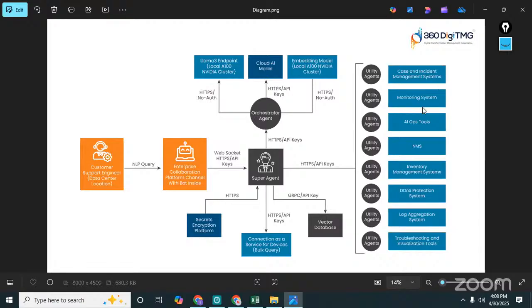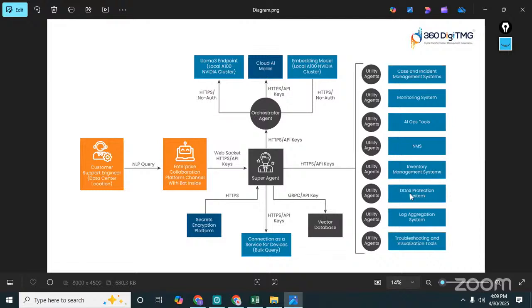Then your monitoring systems, for example, Prometheus, Grafana. Then AI ops tools like automated root cause analysis or any sort of anomaly detection. Then NMS, which stands for Network Management System. This will track the health and performance of the network elements. Then comes your inventory management, data on which parts are available and what's exactly under repair, etc. All these things will be taken care of.